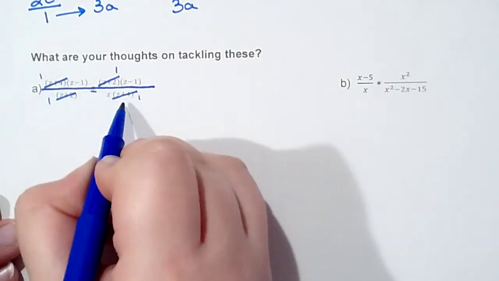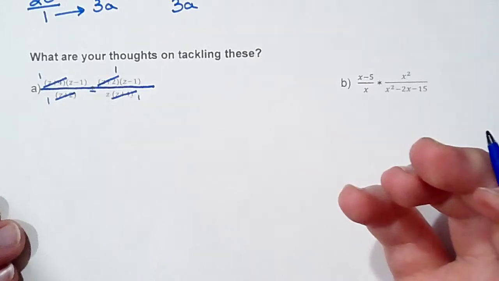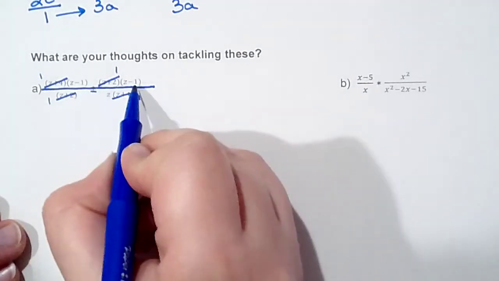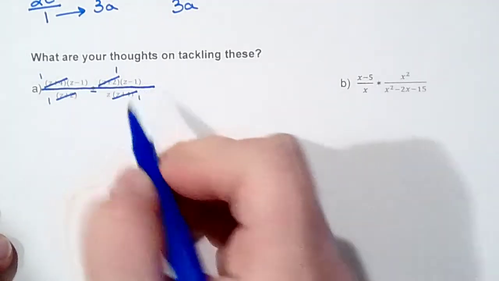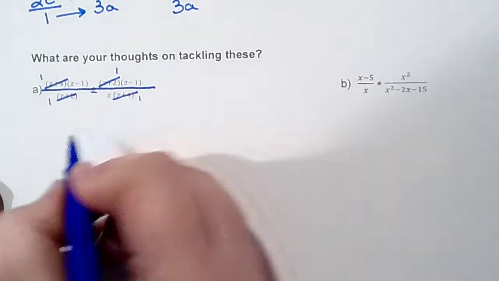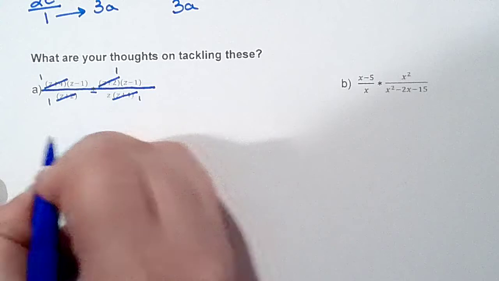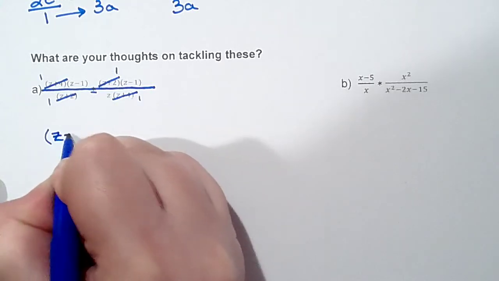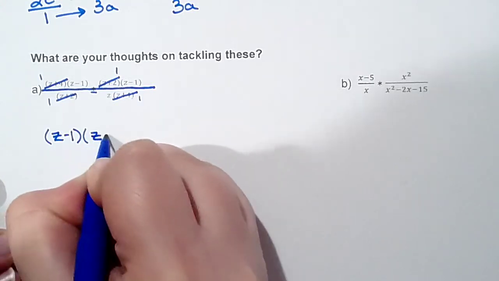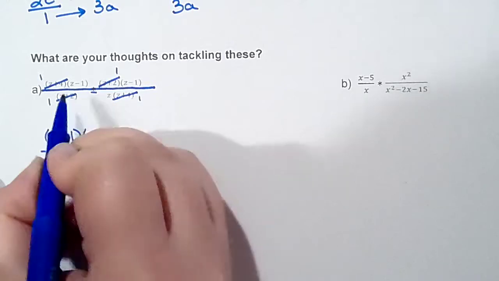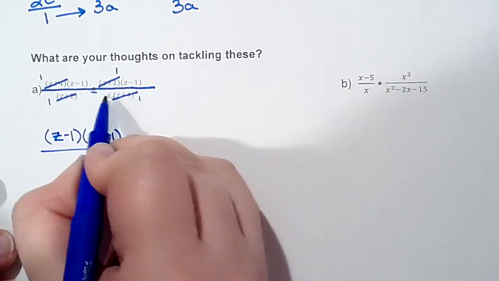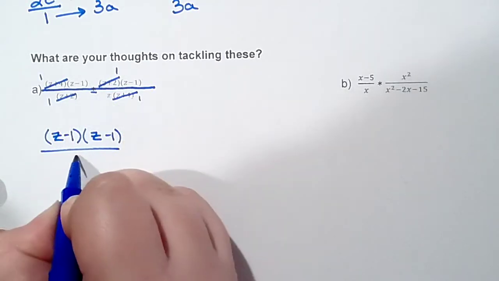Z plus 4 divided by z plus 4, it's going to be 1 every time. But z minus 1 times z minus 1 is not 1. It doesn't reduce. So let's simplify this out. We've got 1 times z minus 1 times z minus 1 on top. Essentially this. And on the bottom, we've got 1 times z. Don't forget that little z down there. He's still down there.